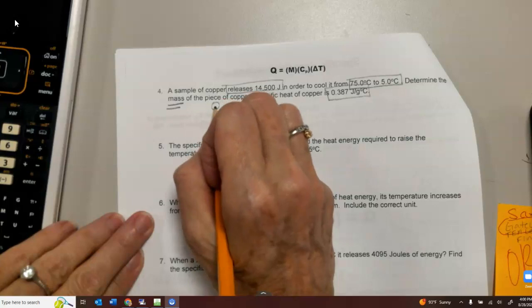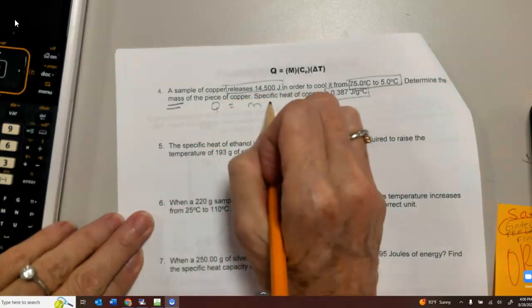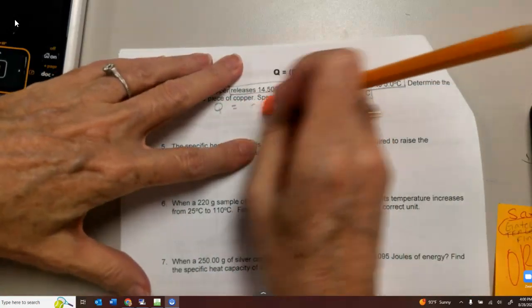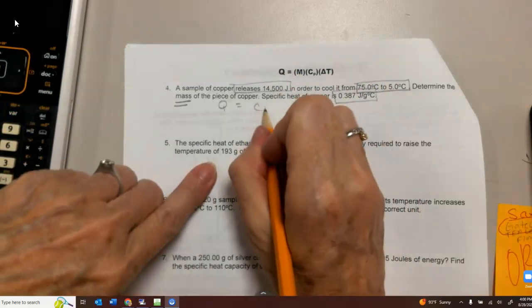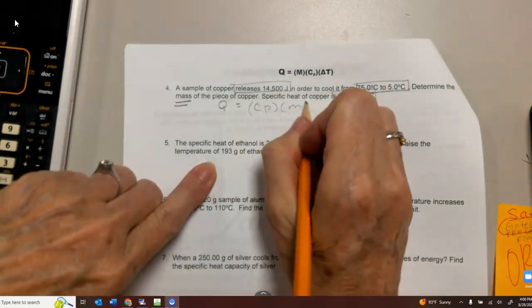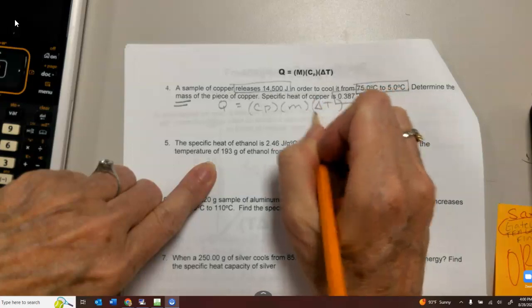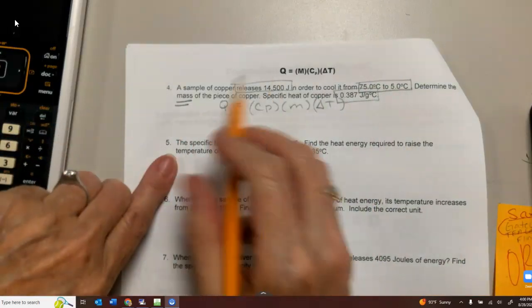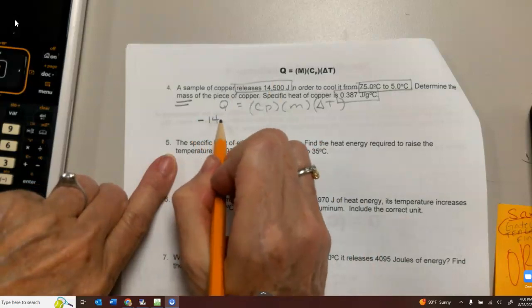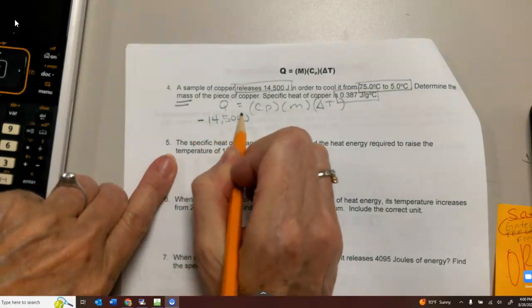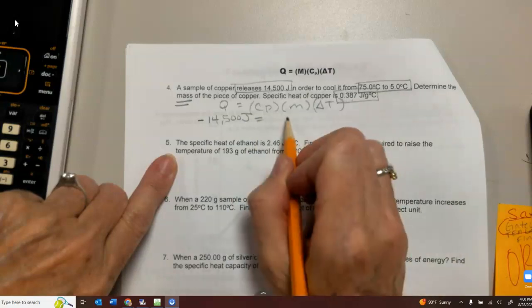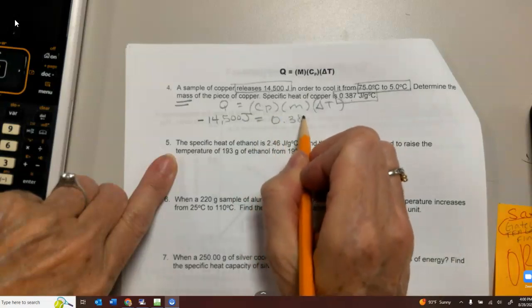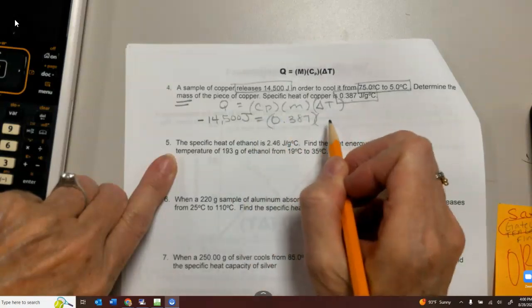Again, we've got Q equals mass, or you can do it either way, it doesn't matter. We've been doing specific heat times mass times delta T. So here we do know the Q. It says releases, so we know we've got negative 14,500 joules of energy. Our specific heat is 0.387.